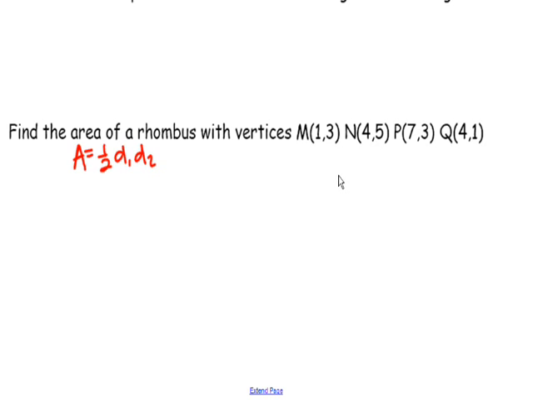Well, in this case, if I draw a really quick rhombus, ooh, terrible rhombus. Okay, so remember that for rhombuses, we just need to label them either clockwise or counterclockwise. The reason why I'm doing this is I want to remind myself which ones are my diagonals.